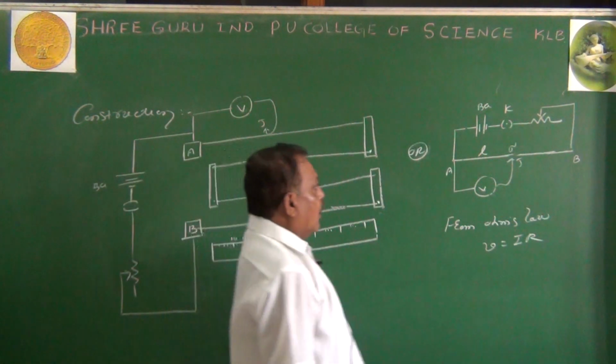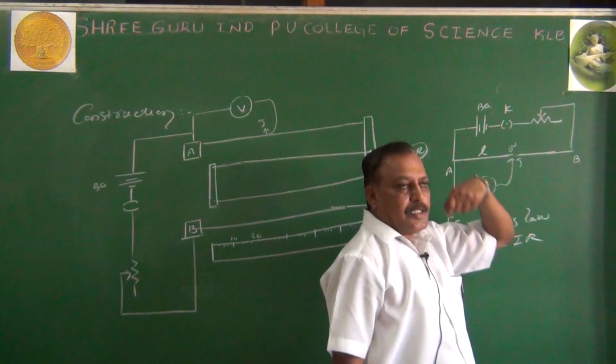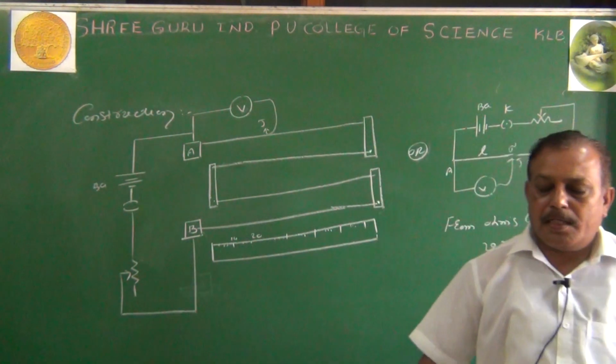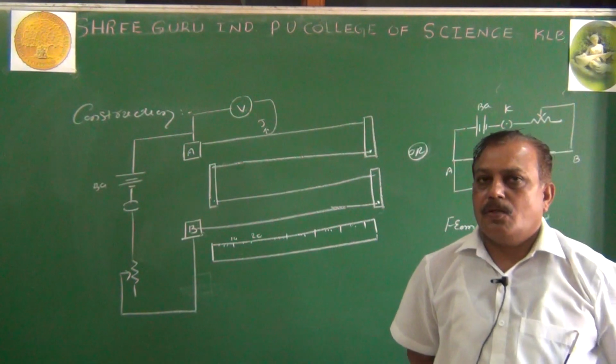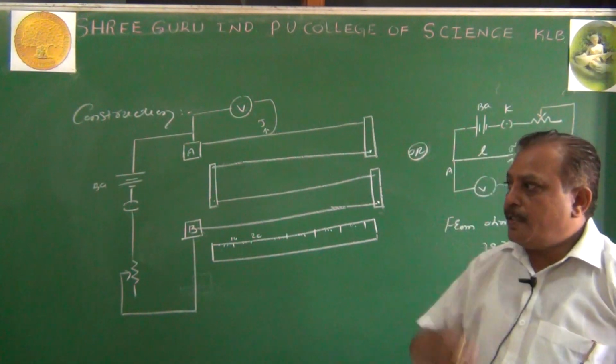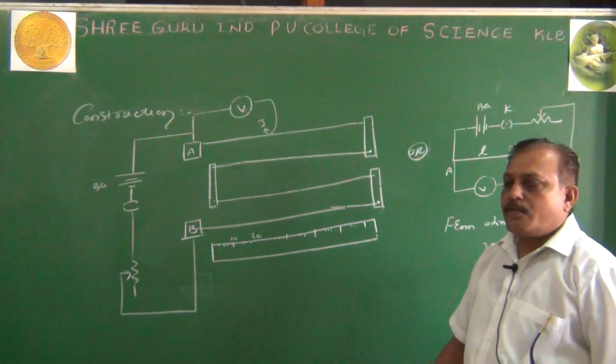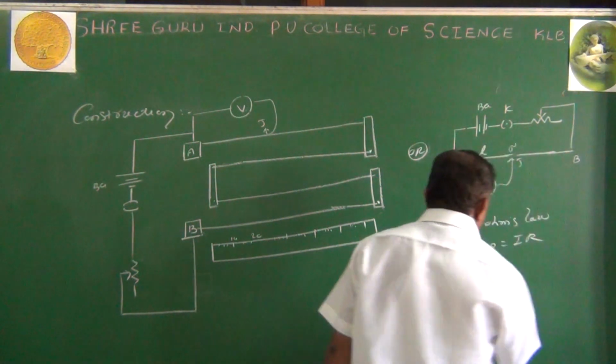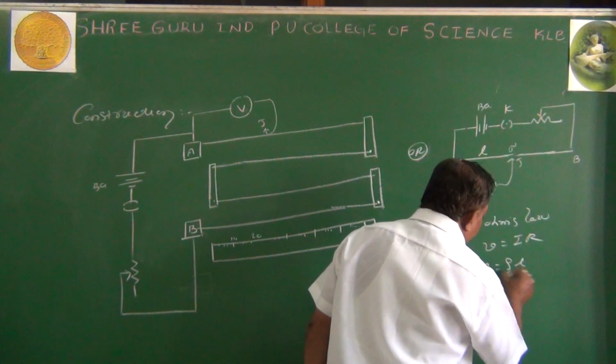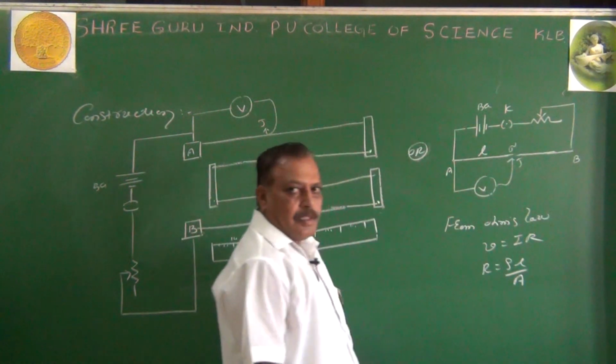Then every wire has got its own resistivity. Especially for the manganese and constantan alloys, they have a low temperature coefficient and high resistivity. Then when I come across the resistivity factor, R equals rho L divided by A. Is it clear?